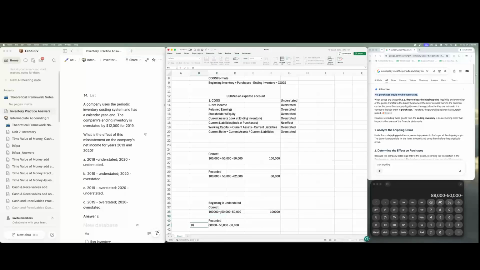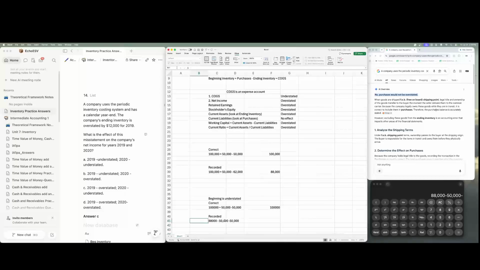It's not super difficult, once you guys wrap your head around inventory. What that means is that the beginning inventory for next year will be understated, as well as the cost of goods.